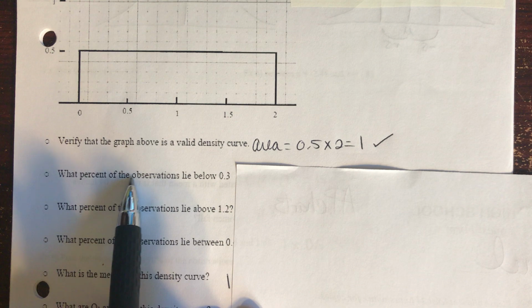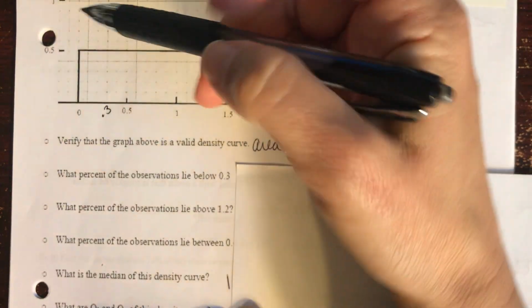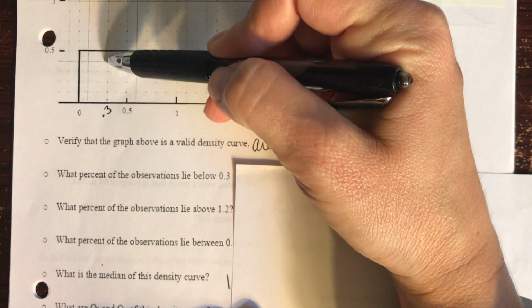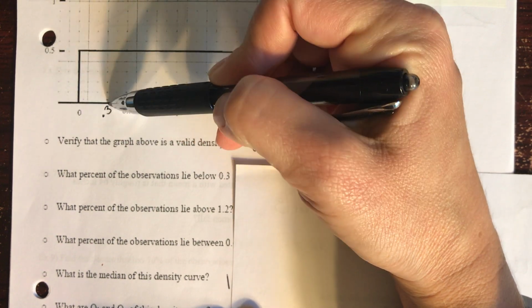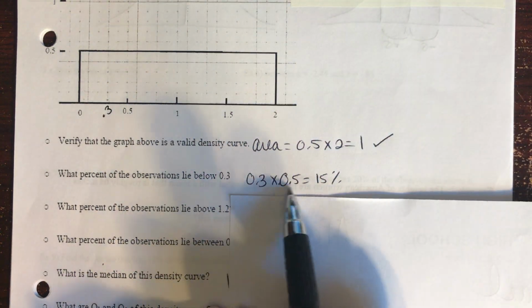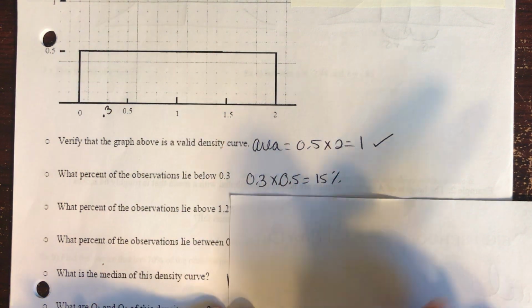Now it's saying what percent of the observations lie below 0.3? Well, 0.3 is right here, so we want below 0.3. This is a mini rectangle here. That's 0.3 by 0.5, so 0.3 times 0.5 is going to give us 0.15 or 15% because it asks for percentage.